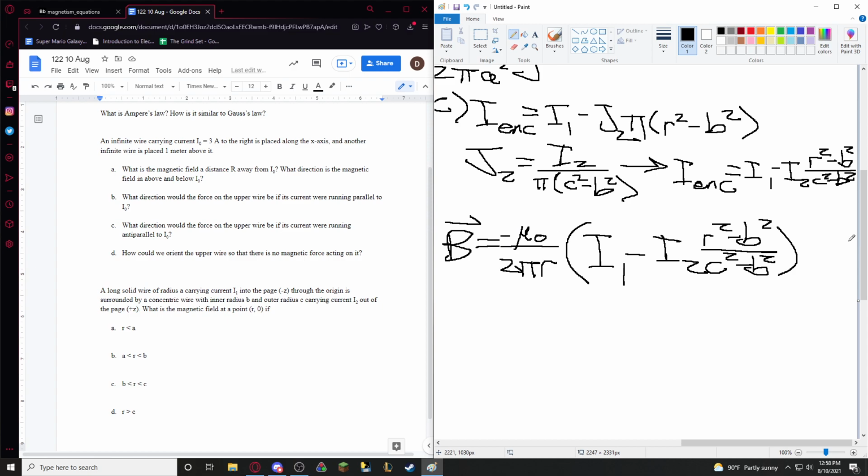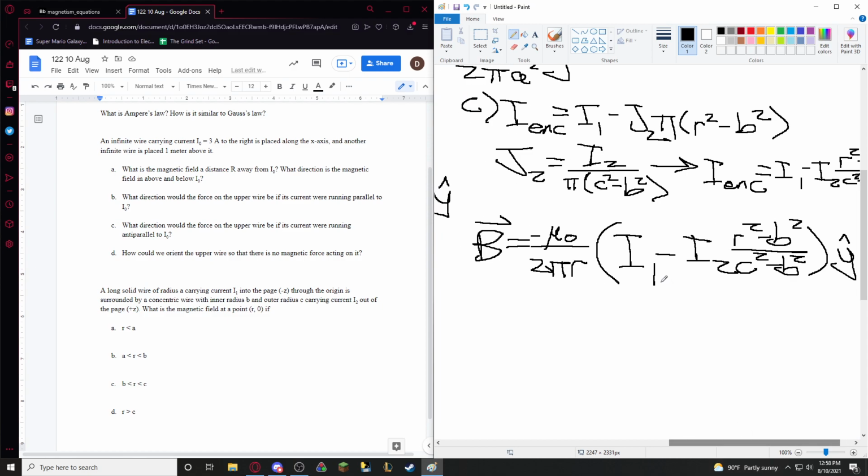And we'll throw a negative sign, negative y hat direction, because we've defined I1 as the positive one, which would be downward.